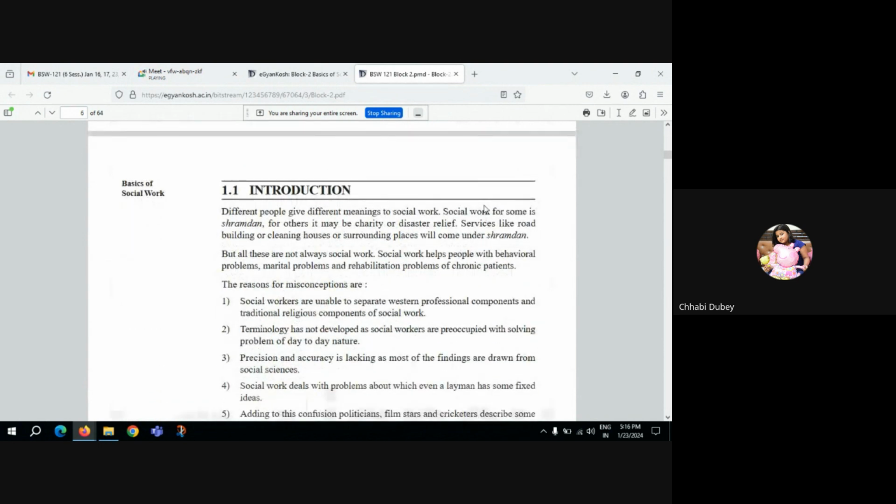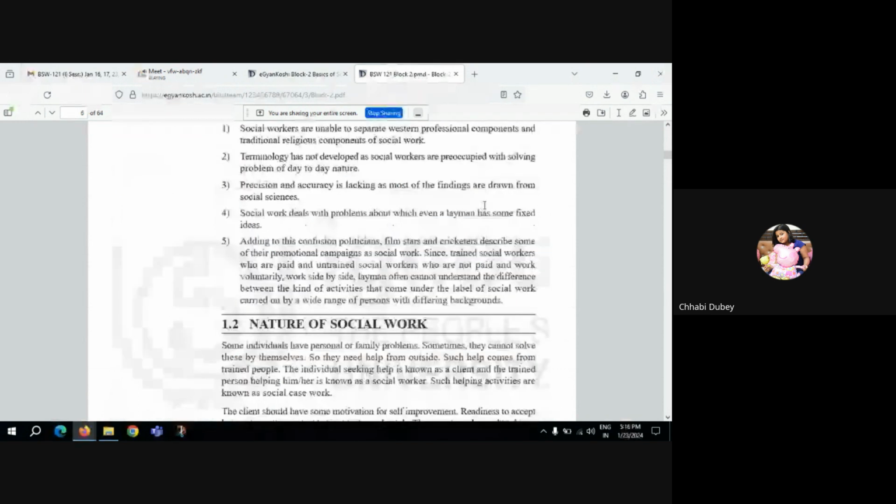Now, the subject of social work, or rather the discipline of social work, has been given different meanings by different people. This is all the more because in many places they have equated the concepts of charity with social work, and other services like voluntary actions with social work, and there are a lot of reasons for this misconception.